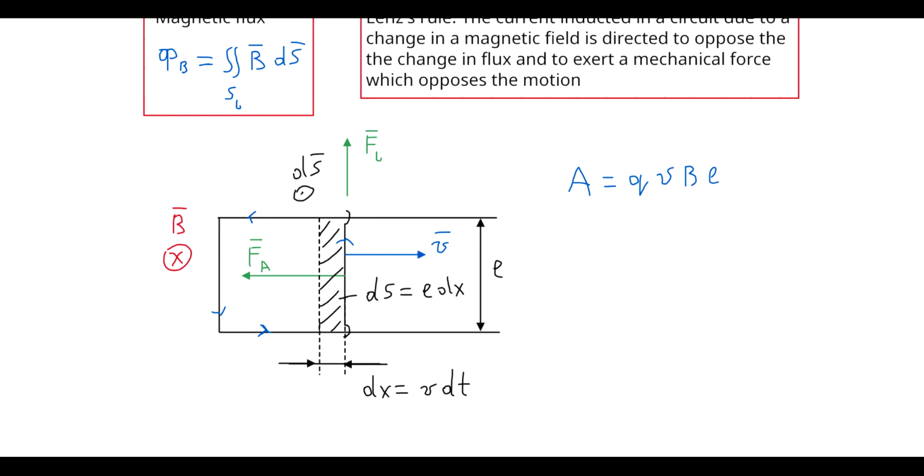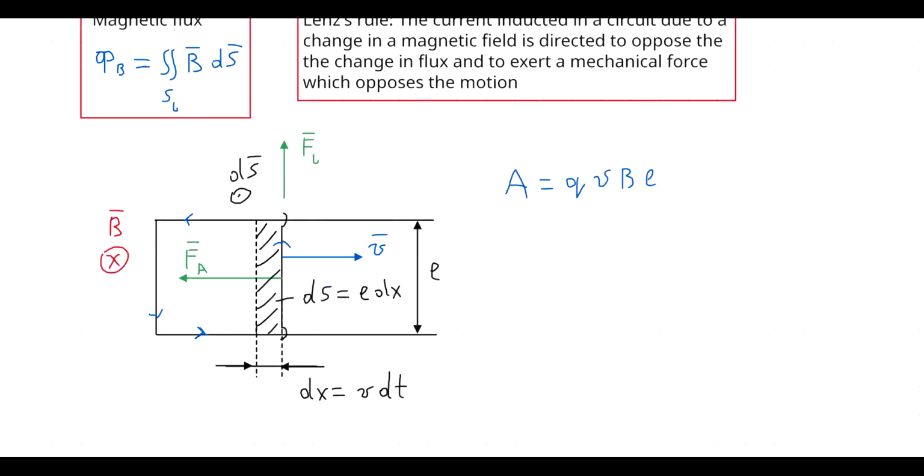Okay, and how to find the change of magnetic flux in this situation? It will be dΦB is equal to B, magnetic induction, dot dS vector.